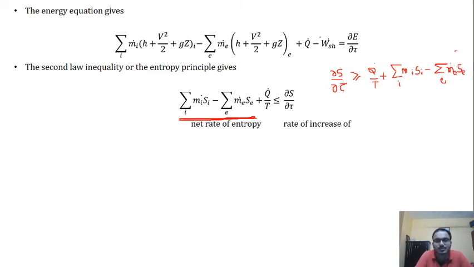Okay, so the first part is net entropy transfer, and here there is a rate of increase of entropy across this CV.